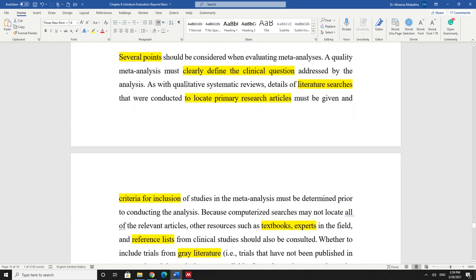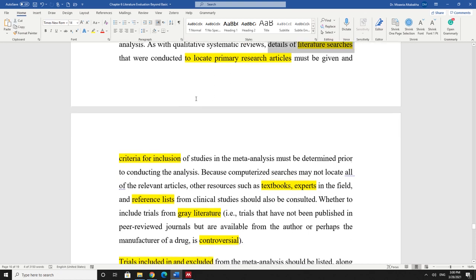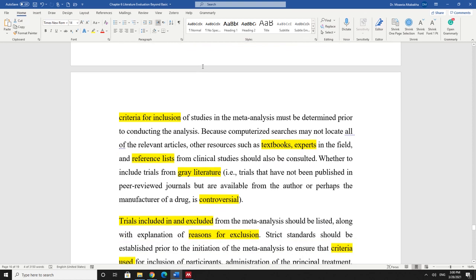Anyway, when you want to evaluate a review, you should evaluate whether there is a clear definition of the clinical question. They should provide details of how they did the research, and what the criteria are for including and excluding studies.